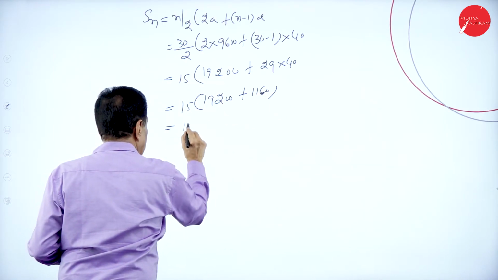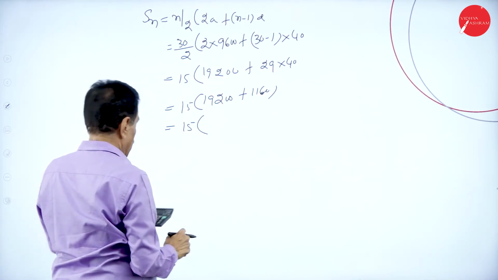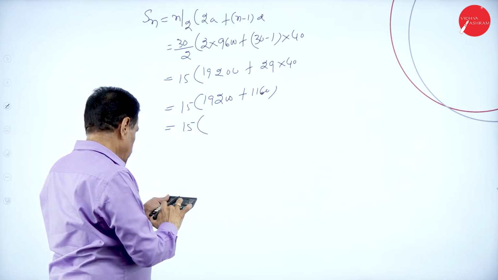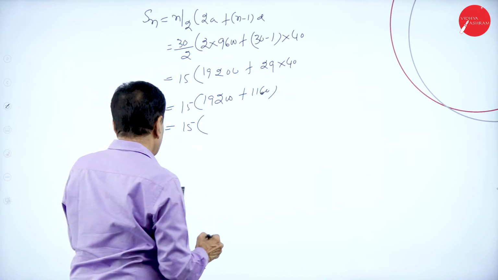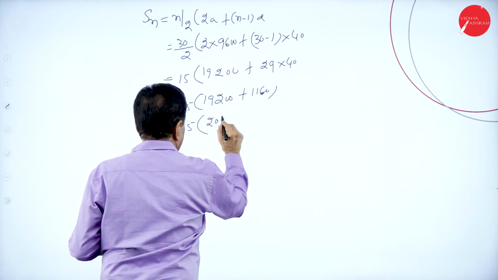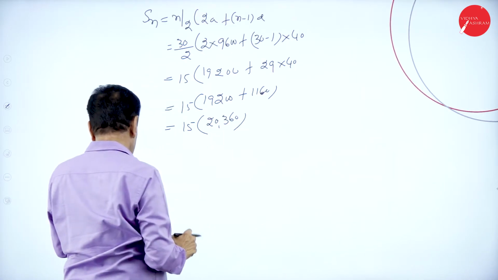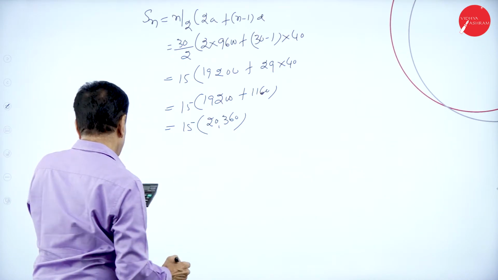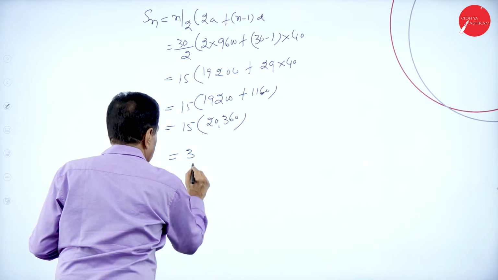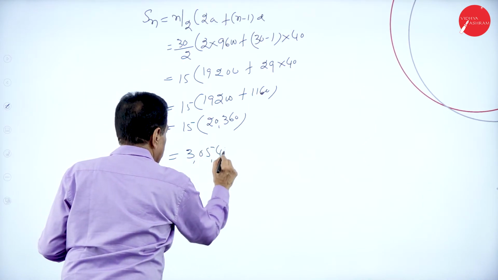So 15 into 20,360 is 3,05,400, the total contribution.